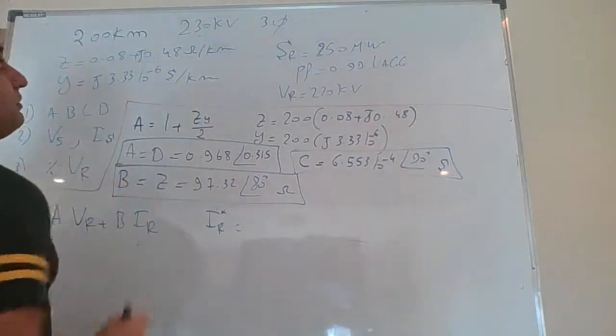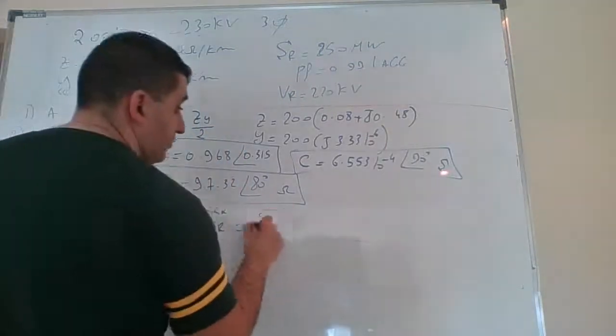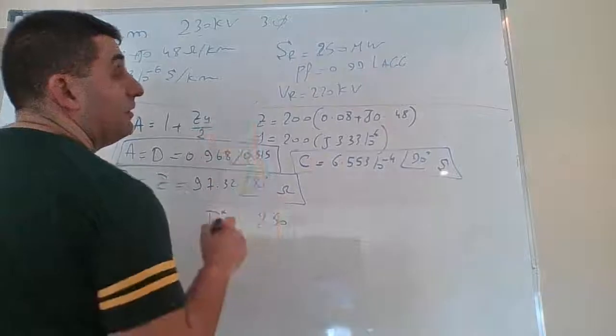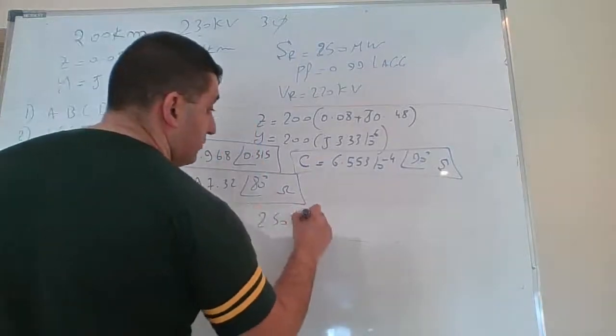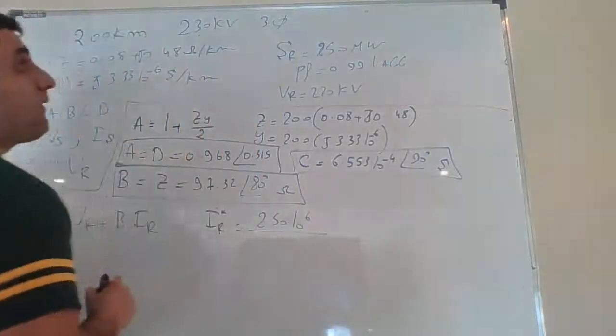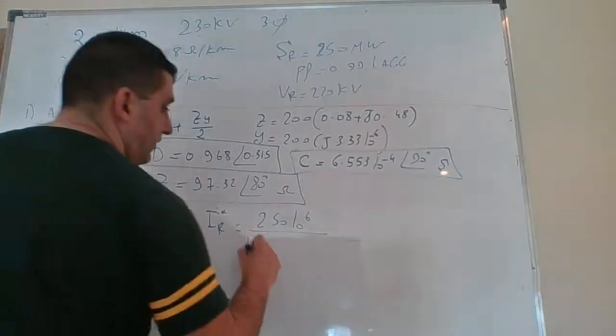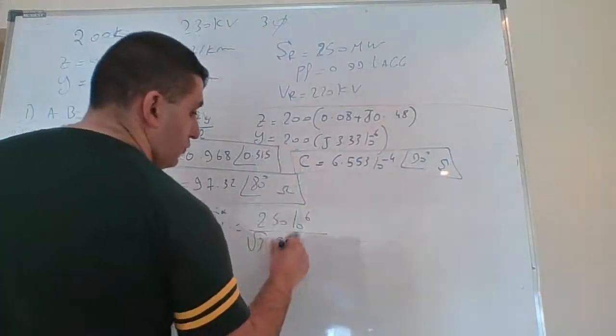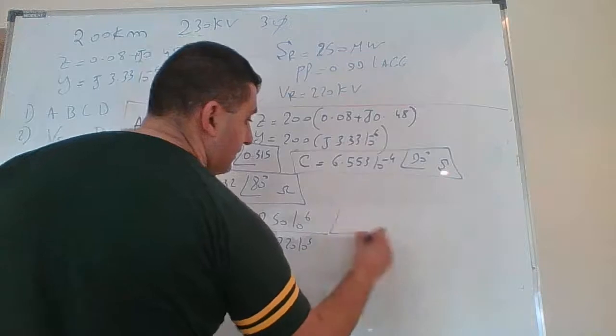It's equal to, remember, the receiving power, 250 times 10 to the 6, divided by root 3 times 220 times 10 to the 3, at the angle of.